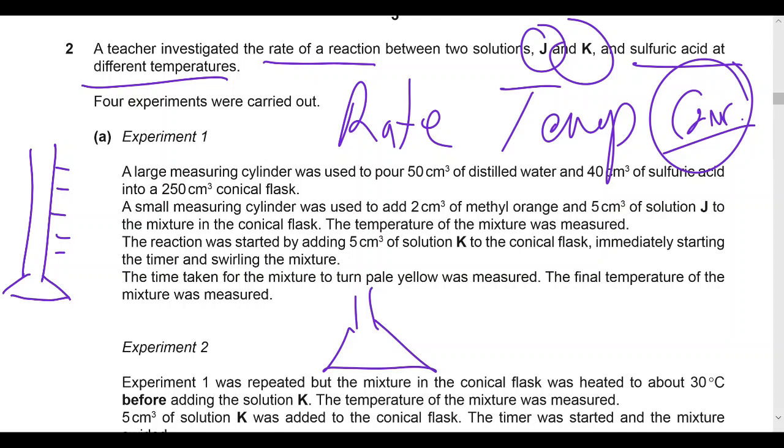A small measuring cylinder was used to add 2 cubic centimeters of methyl orange, its indicator, and 5 cubic centimeters of solution J to the mixture in the conical flask. Then the temperature of the mixture was measured by what? By thermometer.